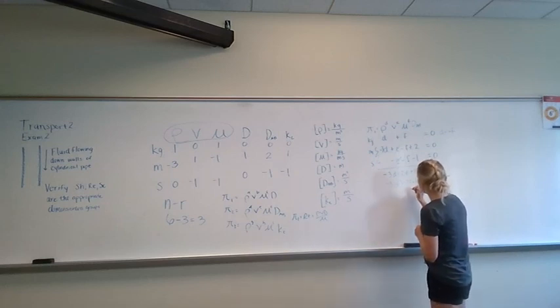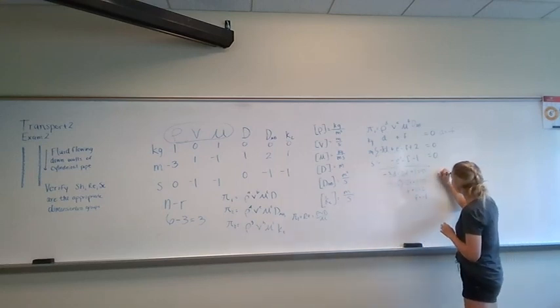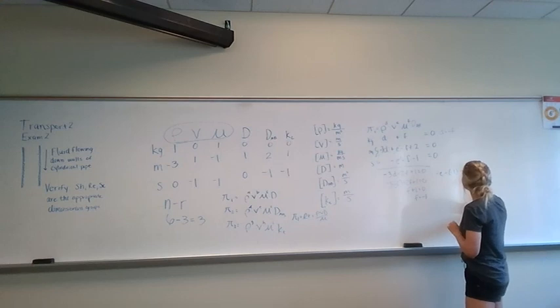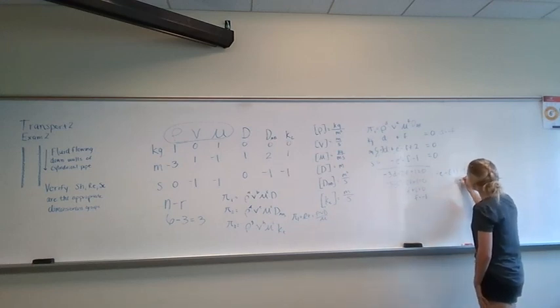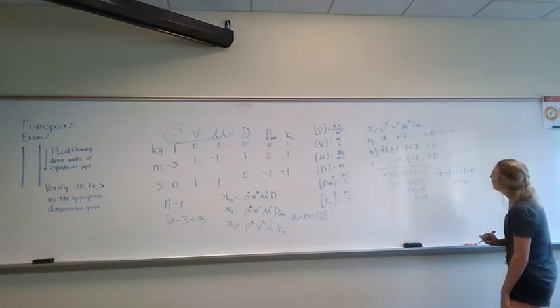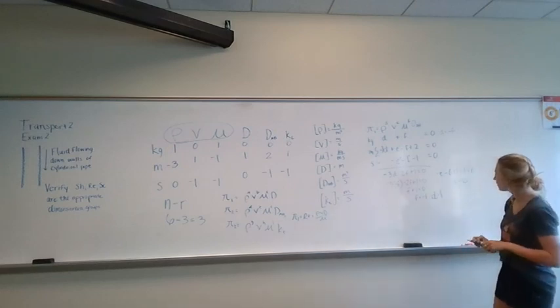So we get f plus 1 equals 0, f is equal to -1, and then -e minus -1 minus 1 is equal to 0. We get e is equal to 0 since these ones cancel out. And then finally, d is equal to -f, so d is equal to +1.